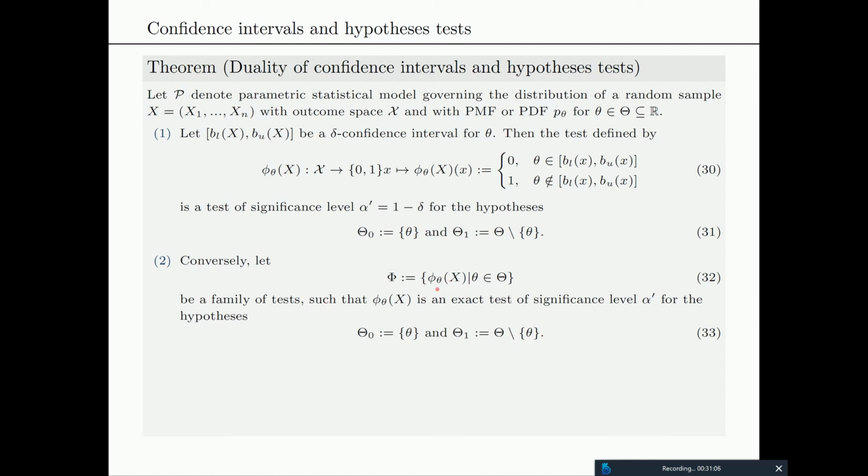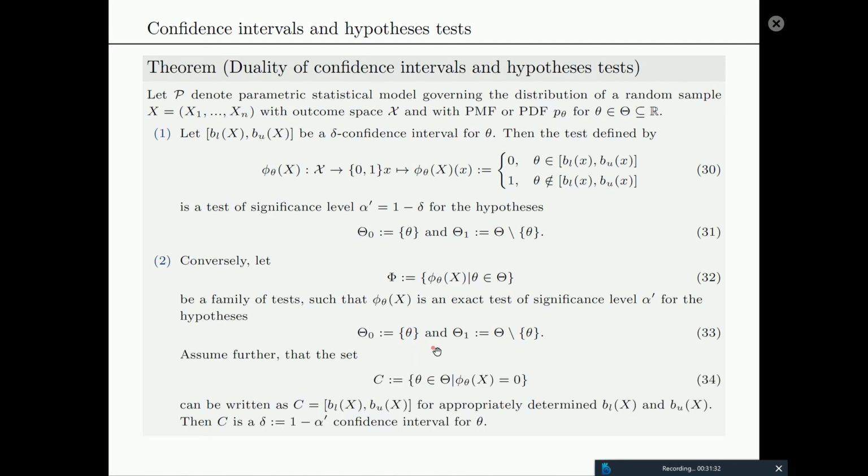If you have exact tests of significance level alpha prime for the null hypothesis theta being theta, and maybe I should have used a theta 0 here, the alternative hypothesis theta not being this specific theta here, and you can actually write the non-rejection region as an interval, then this is a confidence interval.